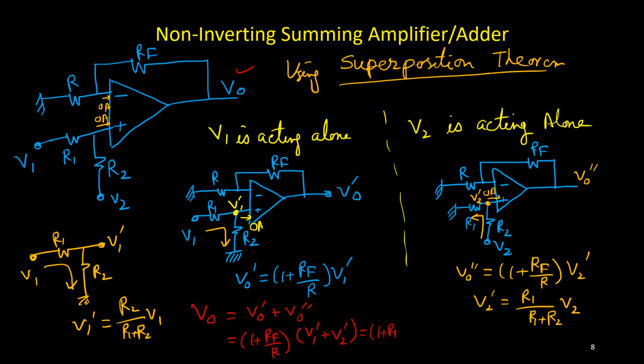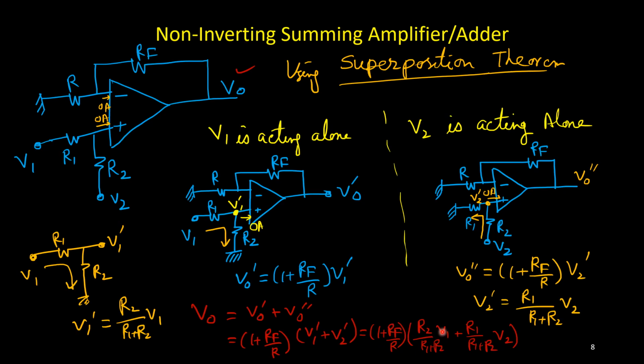So this is simple: 1 plus RF by R times R2 upon R1 plus R2 times V1 plus R1 upon R1 plus R2 times V2. So it is again a weighted summation, but in this case you see this gain is positive.